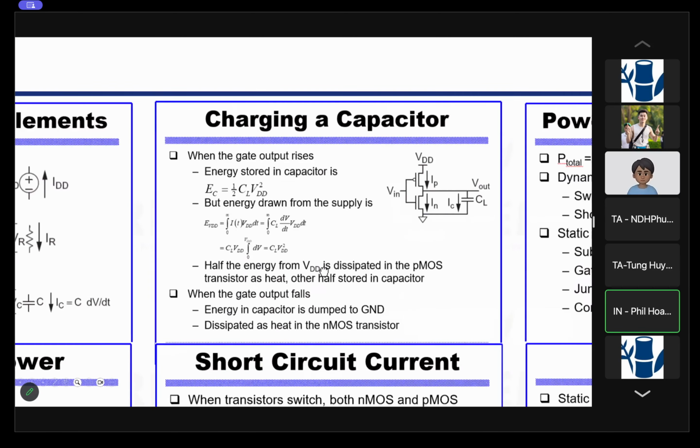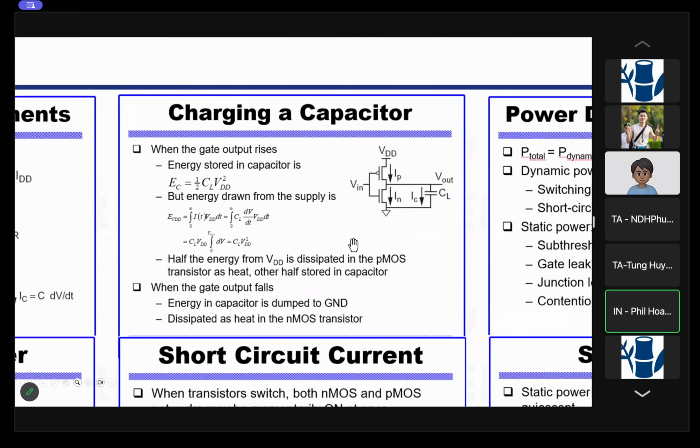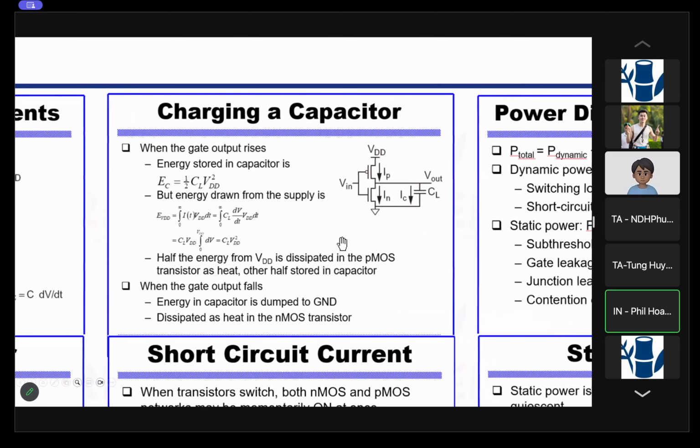And then this is a little bit more detail about the charging of a capacitor. So if you have an inverter here, you have an output load. So energy stored in a capacitor, like we mentioned over there, is 1/2 of C load times VDD squared, because you're charging your circuit, VDD is charged, V out becomes VDD.